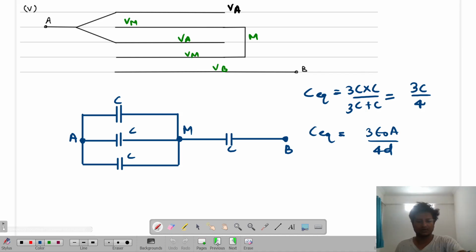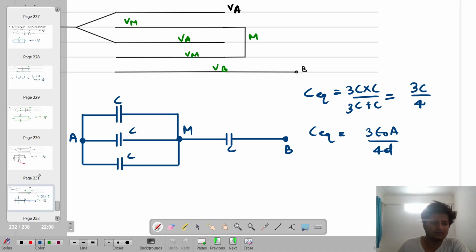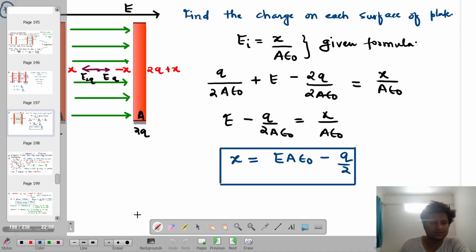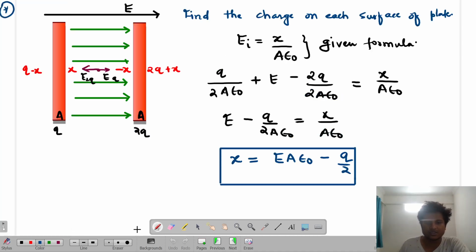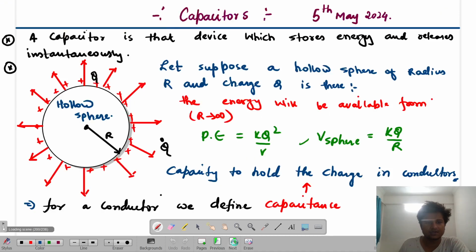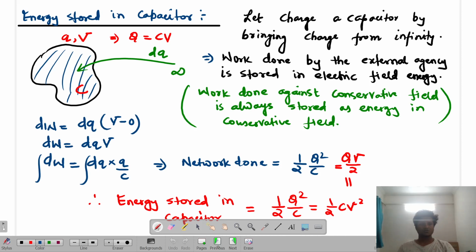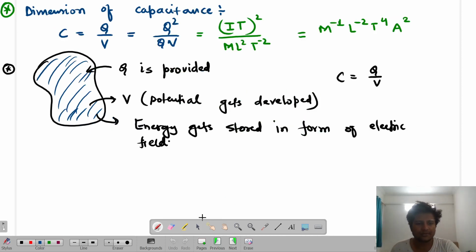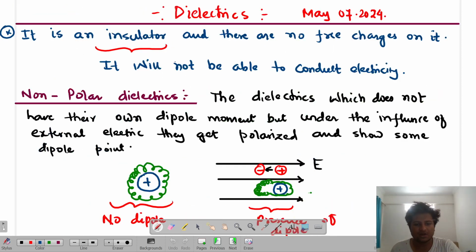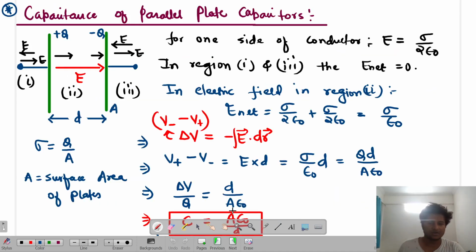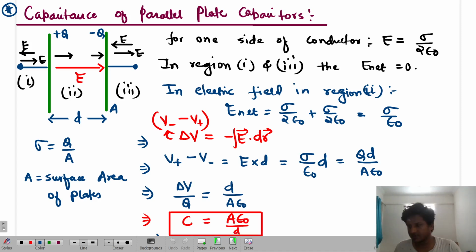We introduced in one of our topics that there is a point of dielectrics, isn't it? So till now, we considered all the capacitors as just simple, without any kind of material present between the plates.